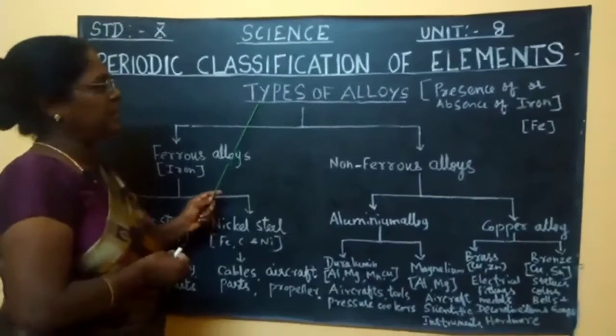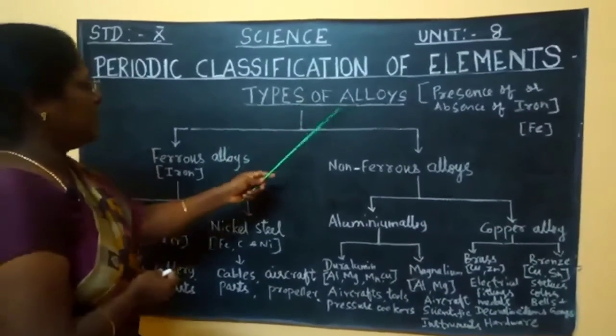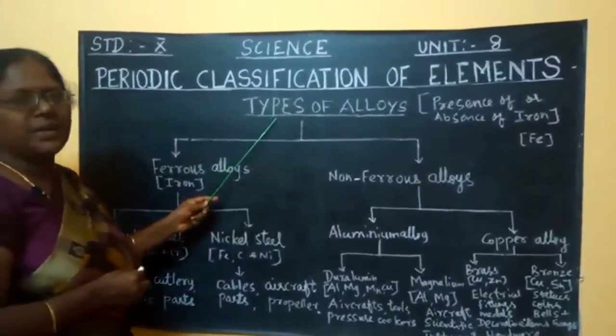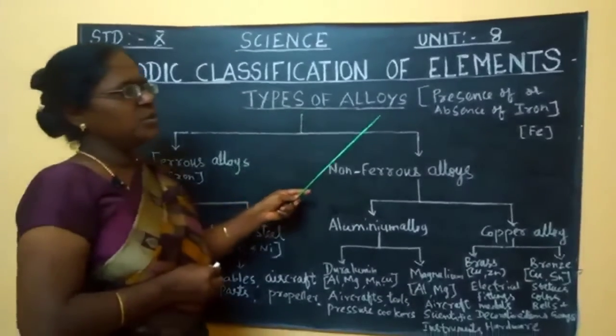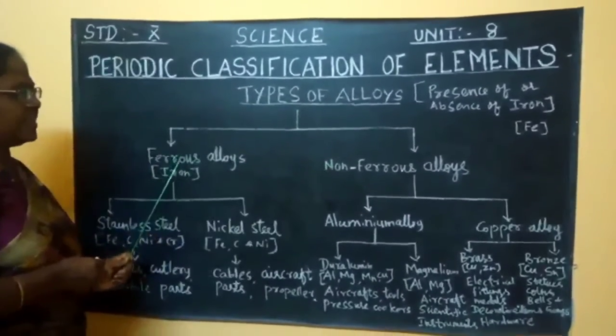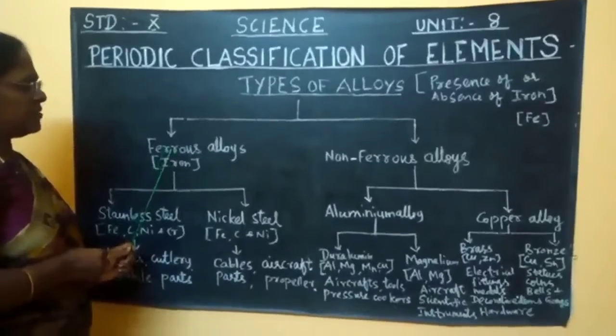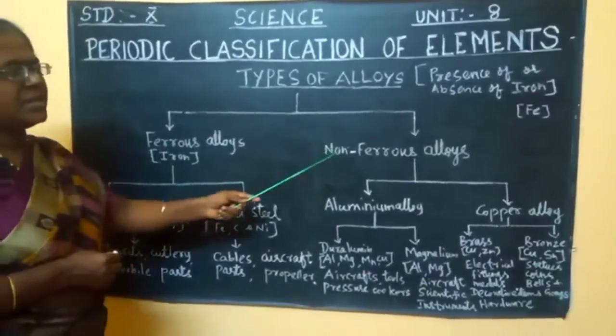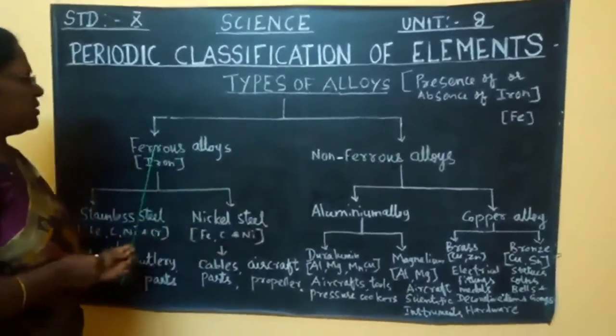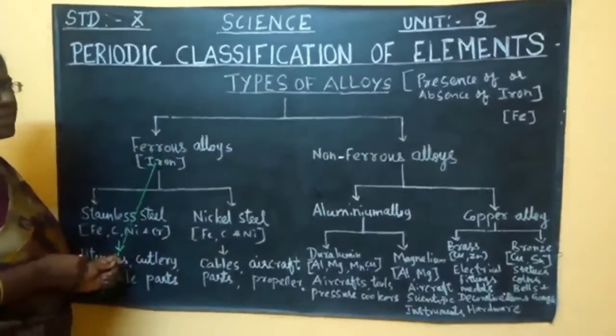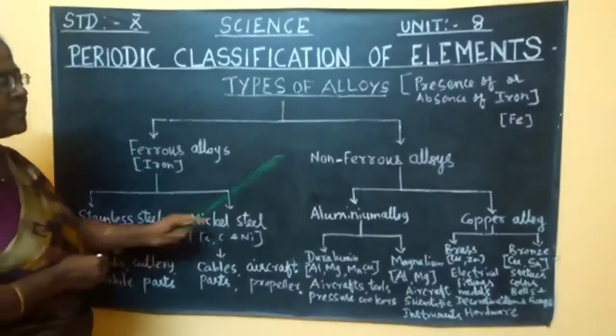From the beginning, types of alloys. Alloys can be classified into two types: ferrous alloys and non-ferrous alloys. Ferrous alloys means iron is present as a major component.